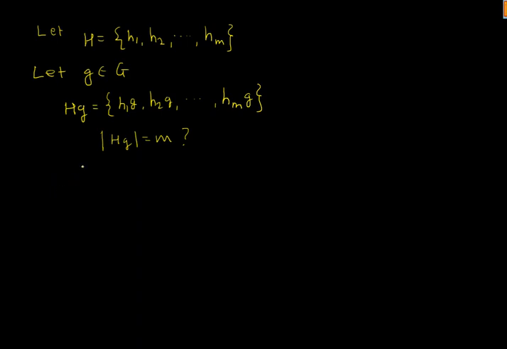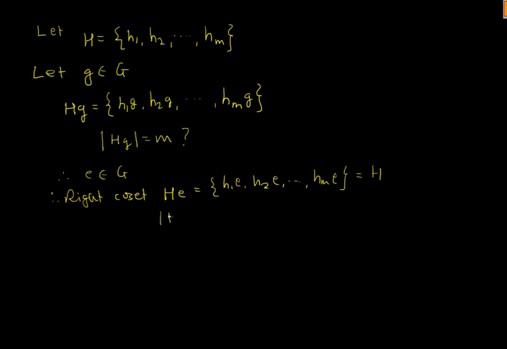So since G is a group, therefore identity e belongs to G, and therefore the right coset He is equal to h1e, h2e, and hme. And according to the identity law, it is nothing but H. And therefore He is equal to H, and hence the cardinality of He is equal to the cardinality of H, and we know that the cardinality of H, or order of H, is equal to m.